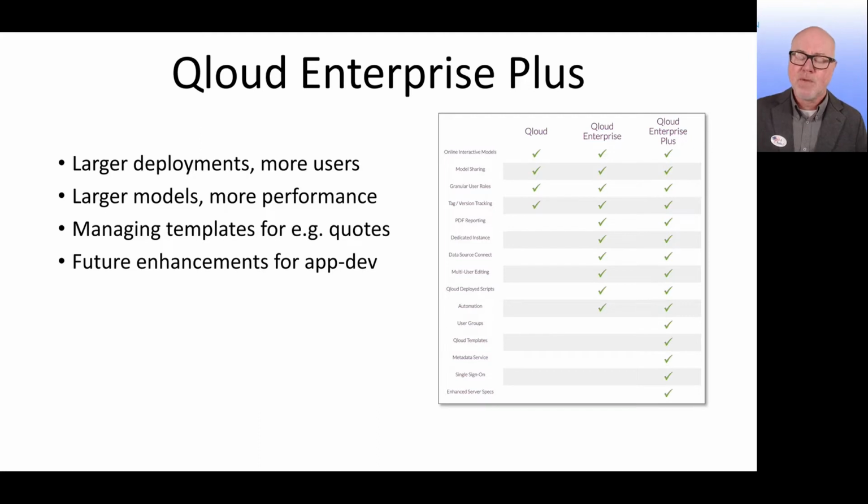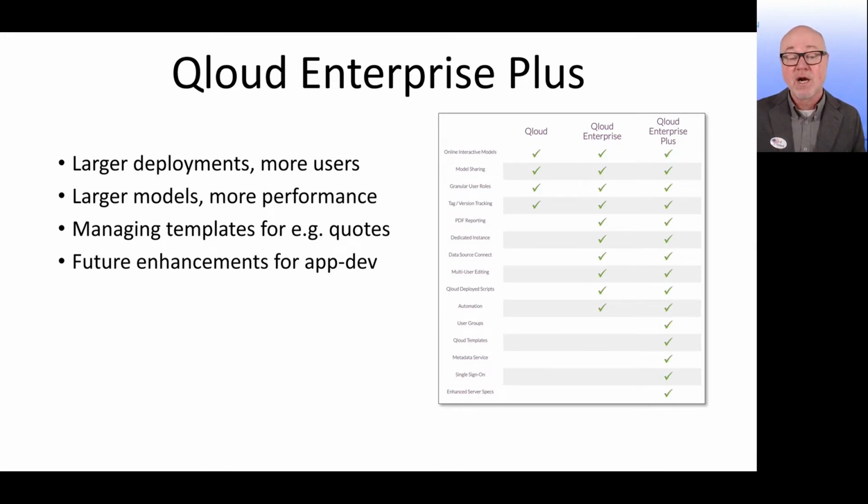So when you have larger deployments, when you have more users, or if you have maybe a smaller deployment, but you use really, really large models that require more performance from that infrastructure, then you might need to gain access to Enterprise Cloud or upgrade to Enterprise Cloud. We have a special new class of user these days who are not only a large internal customer user, but who are sharing Quantrix applications with their customers and partners outside of their firewall.